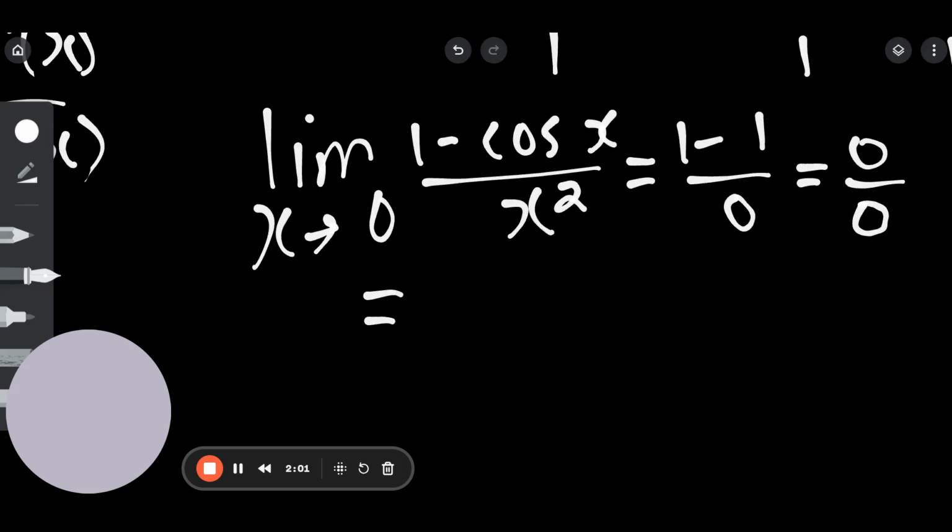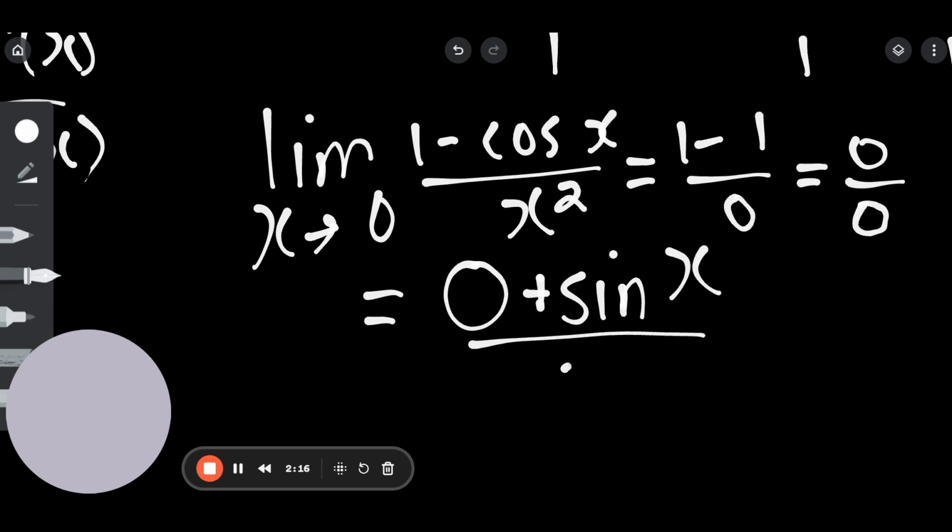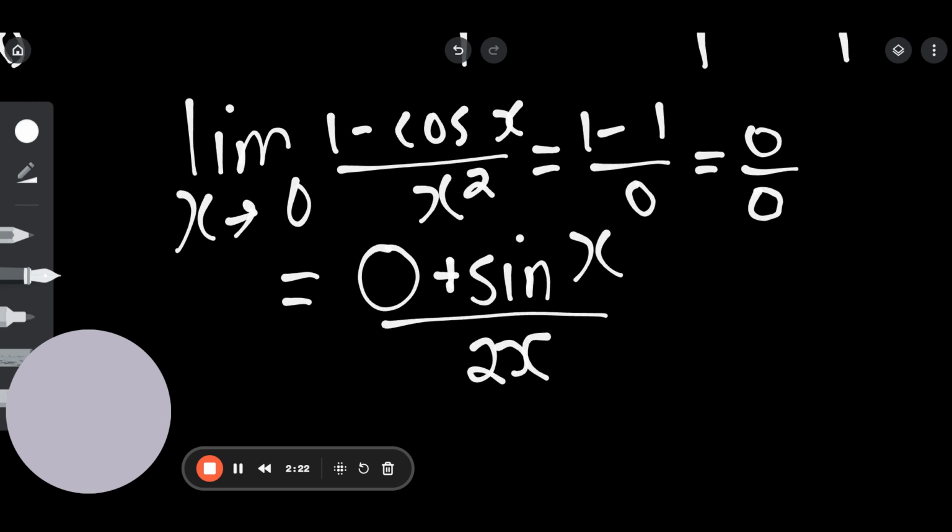The derivative of 1 is just 0. The derivative of negative cosine x would just be sine x, since the derivative of cosine x is negative sine x and it's multiplied by a negative. That's over the derivative of x squared, which is just 2x. So you get this. And then once you plug in, you can see that it results in 0 over 0 again.